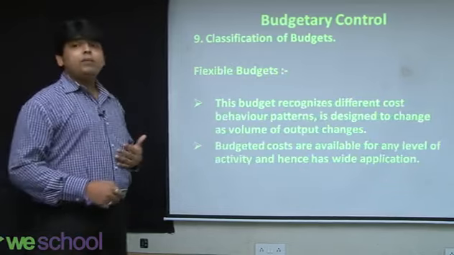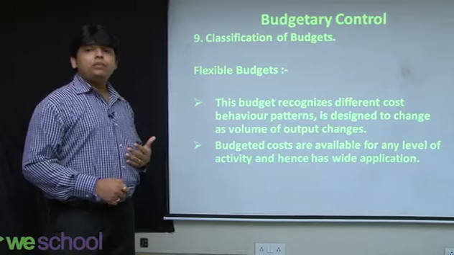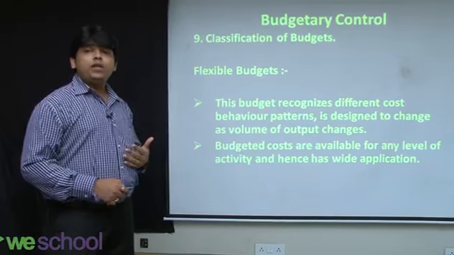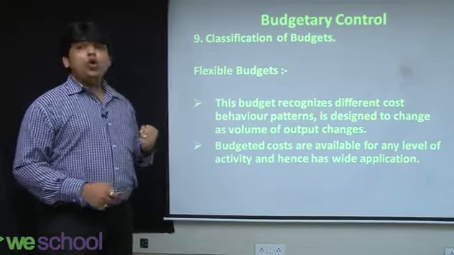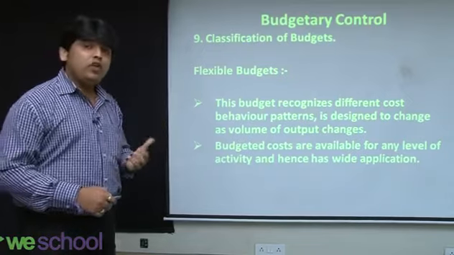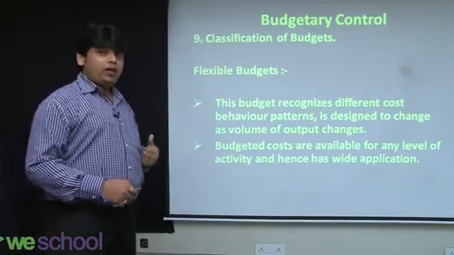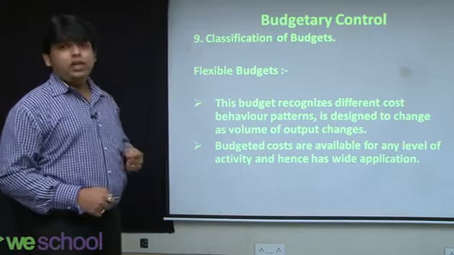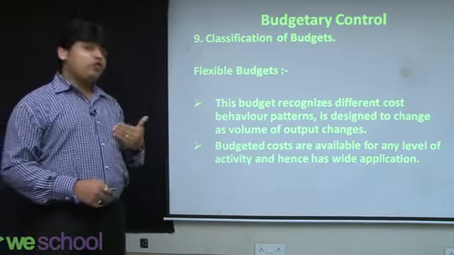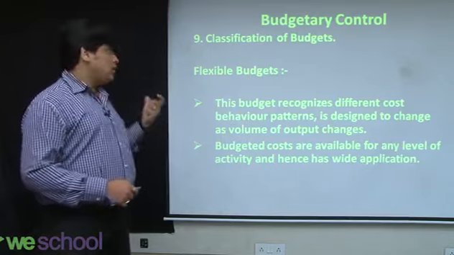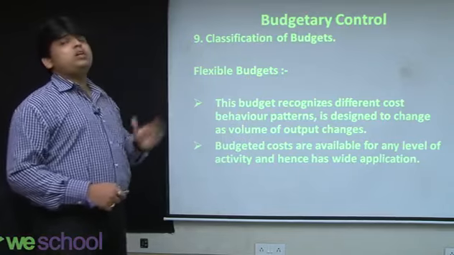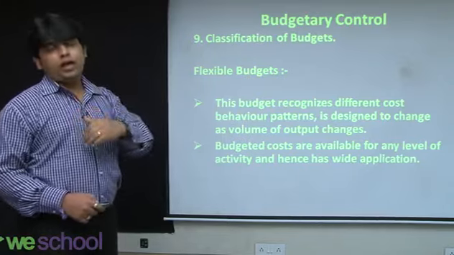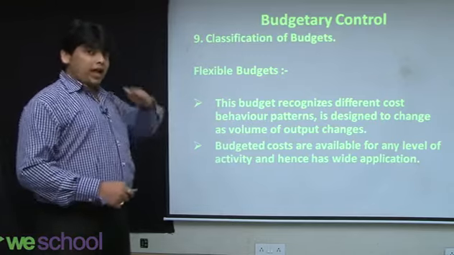A flexible budget is prepared by the company in order to know the behavior of cost and profit at various levels of activity, and which level of activity is more fruitful. On that basis we make flexible budgets for different levels, either high or lower level, and the current level.